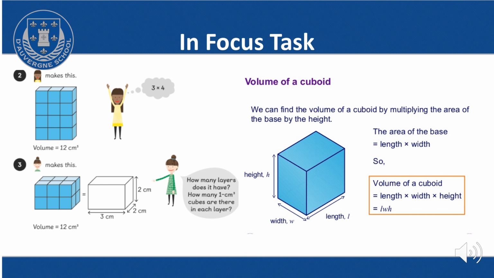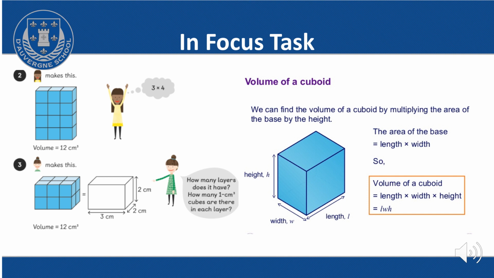Now, we were able to find out the volume there because we've got the little 1 centimetre cubes to help us. But there is a formula which is really helpful to know, which will mean that you're able to find the volume of whatever shape you need to. To find the volume of a cuboid, you need to multiply the area of the base by the height.